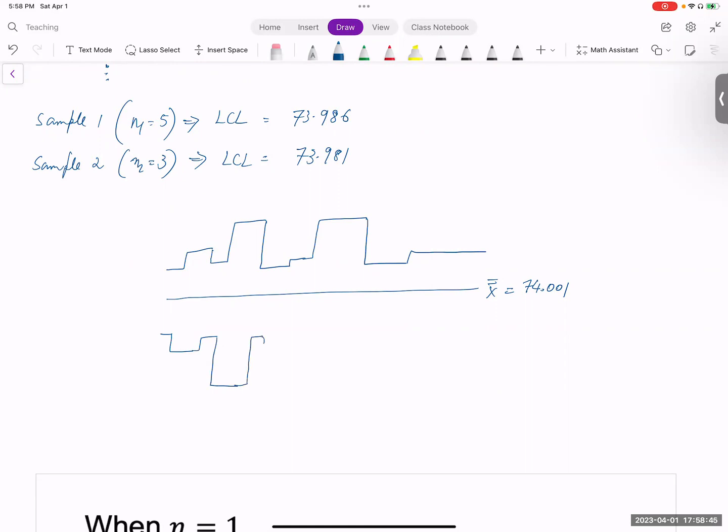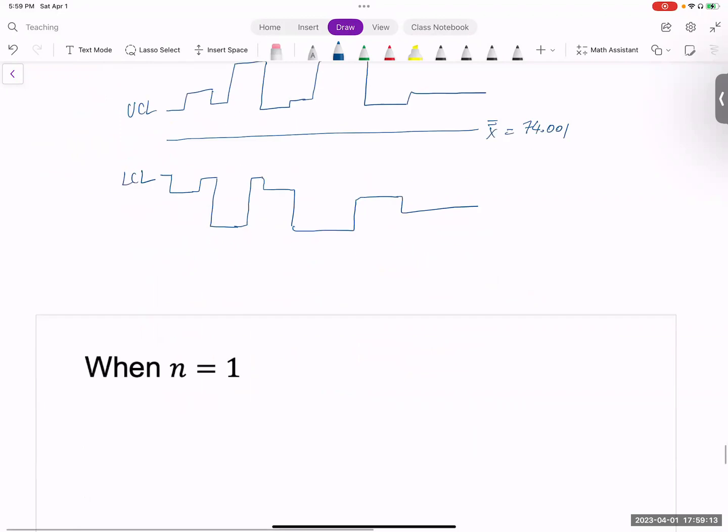It's symmetric, so I'm trying to be symmetric here. That's how your UCL and LCL will turn out. When I do this practice on Jupyter, I will walk you through it, so you will get to see how these control charts really look.